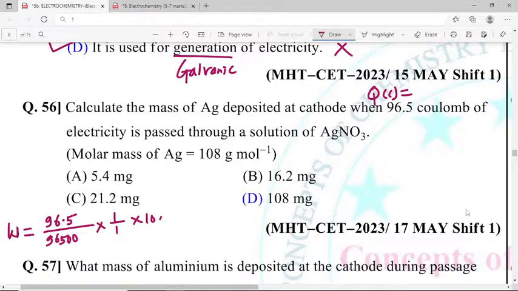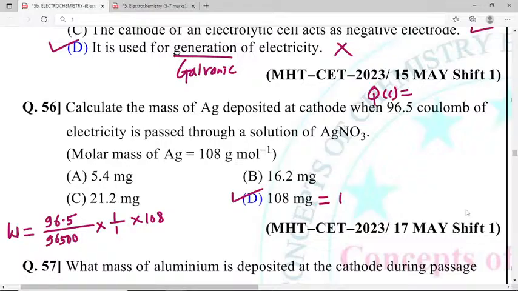If you solve this, we get the answer 108 milligram. This is 108 into 10 to the power minus 3 gram, so convert milligram into gram. Please solve this and we'll get the answer.